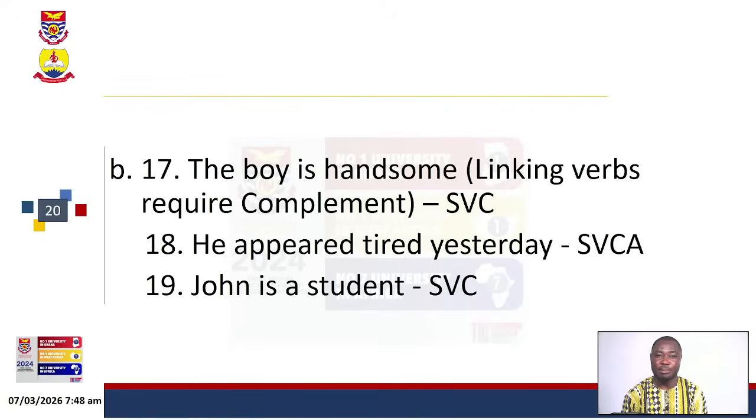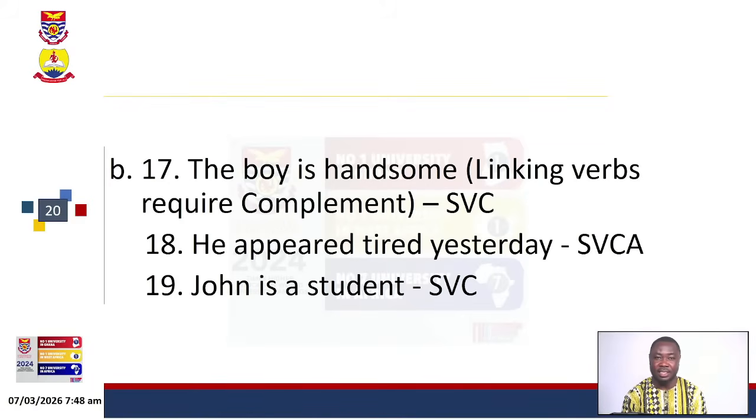Now in example 17, the boy is handsome. We have a different structure or pattern altogether. Here, now the verb allows a complement. Okay, so we have an SVC, and the verb is a linking verb. In 18, he appeared tired yesterday. We have SVCA.